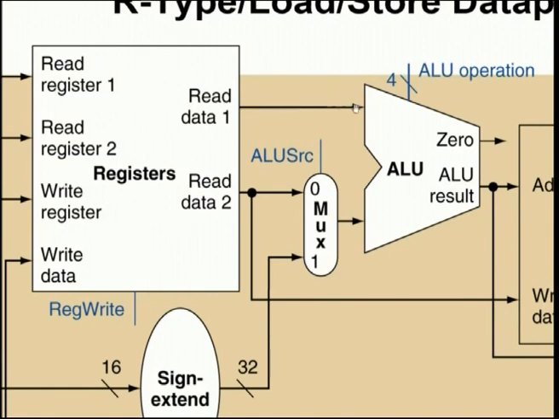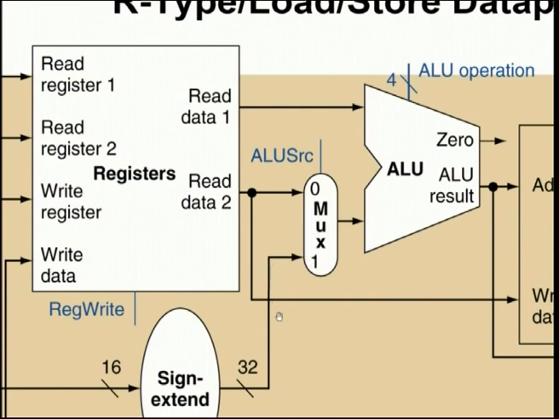So, one register specifier is given here, the register value is given here. The second input to your ALU either comes from the register specifier or it comes from the sign extended value. That depends on whether it is an immediate instruction in the case of an R type instruction, or if it is a load or a store instruction, the sign extended value gives the displacement.